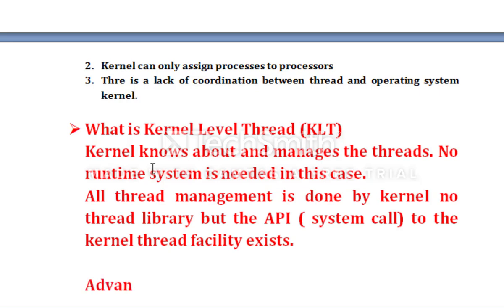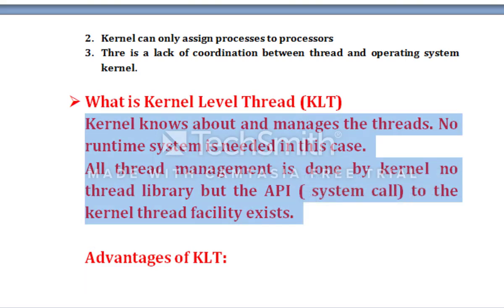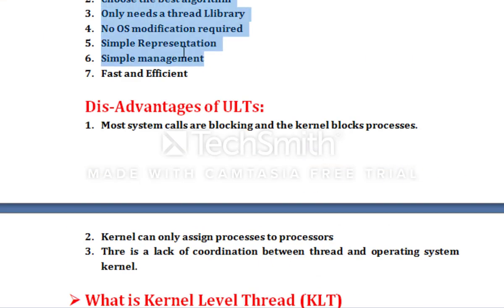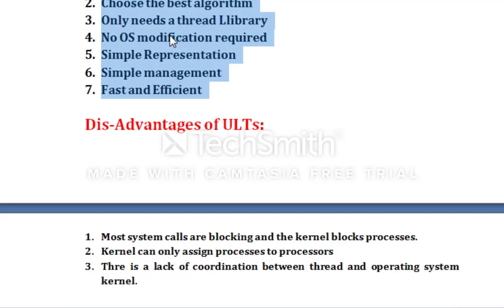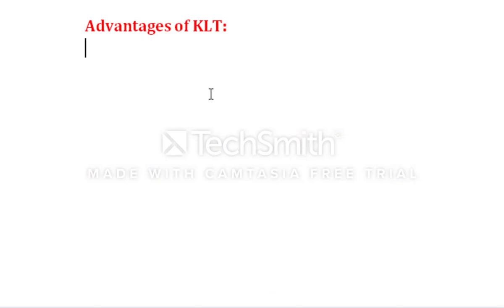Now, advantages of kernel level thread. The kernel can simultaneously schedule many threads of the same process on many processors. Blocking is done on a thread level.